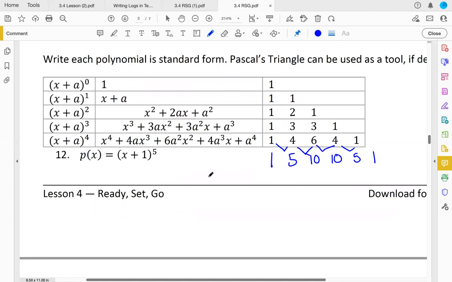And so although this isn't sketched out for x plus a to the 5th power, think about what we said during the classwork. As we move towards the right, x loses an exponent, but a gains an exponent.